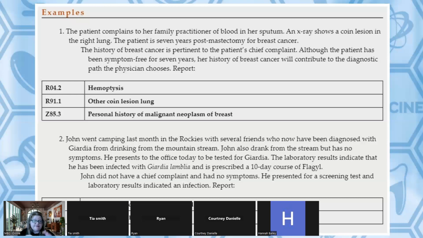Like this came from, I think, figure 3.1 in chapter 3. Yeah, page 51 in your textbook is where I got this from. All right, and I want to go through it with y'all just to show y'all how these examples help you break down the codes and figure out which ones you need to use.